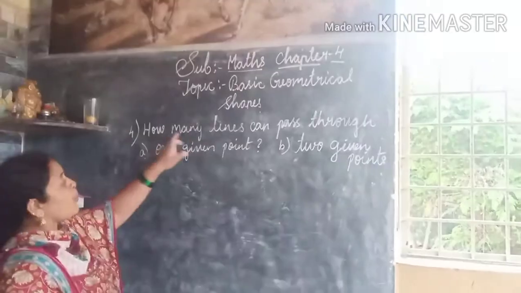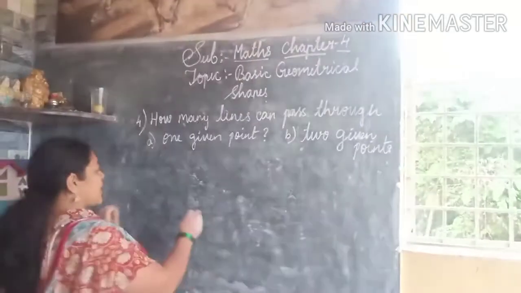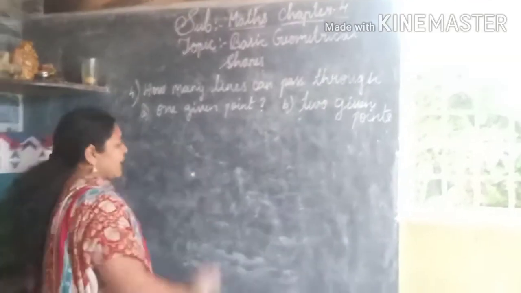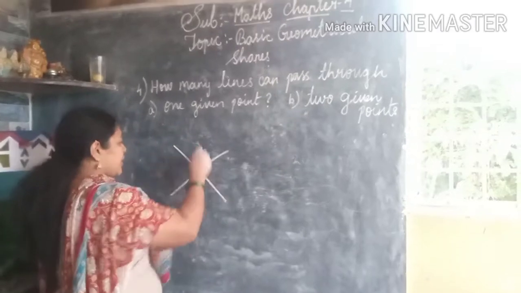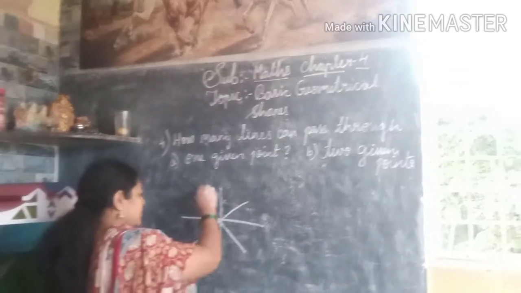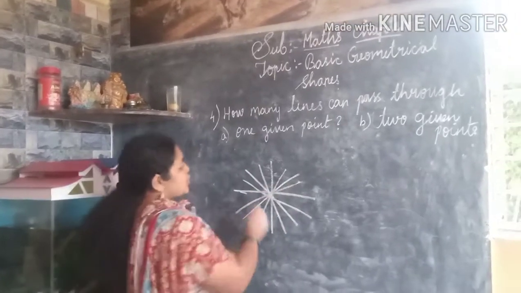Just how many lines can pass through one given point? If there is only one point, how many lines can pass? Just imagine, children, so many lines you can draw. Right? So many lines.